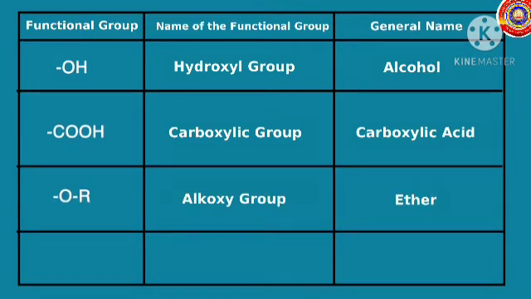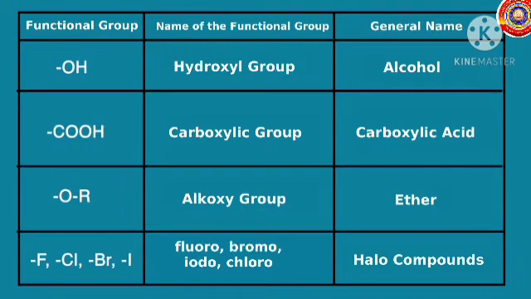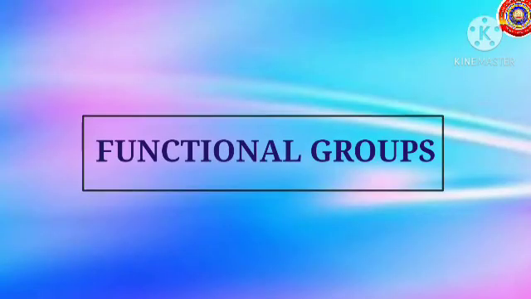The next functional group is alkoxy. Ethers are the general name given for the compounds with the functional group OR. And if fluorine, chlorine, bromine, iodine comes as the functional group, such compounds are generally known as halo compounds. Okay? Let us see the functional groups in detail.